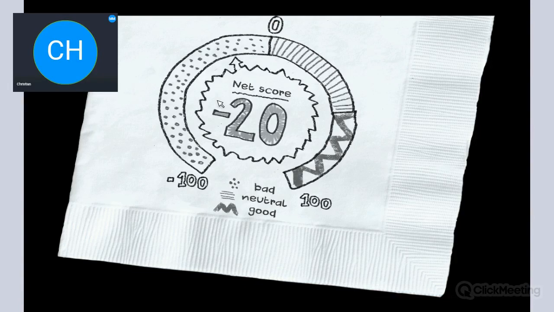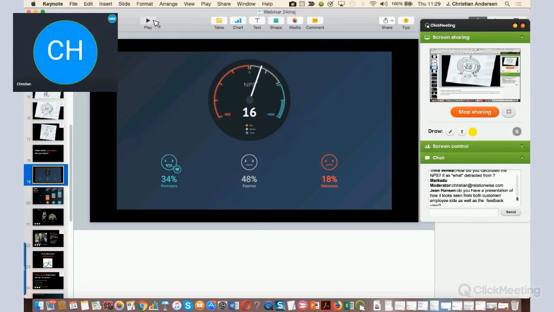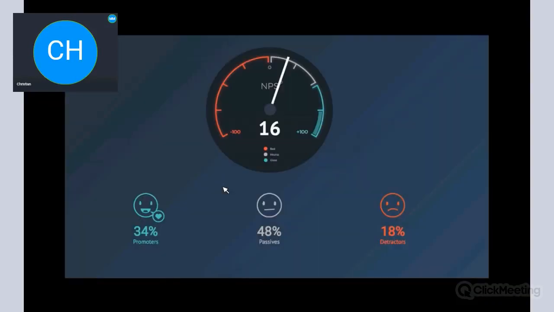So basically what you do, maybe it'll be easier to show this one here. It's the net promoter score, so it's the net share of your promoters. So you just take the amount of promoters minus the amount of detractors, and that is 16. It's that easy. Did that make sense, Trine Winkel?